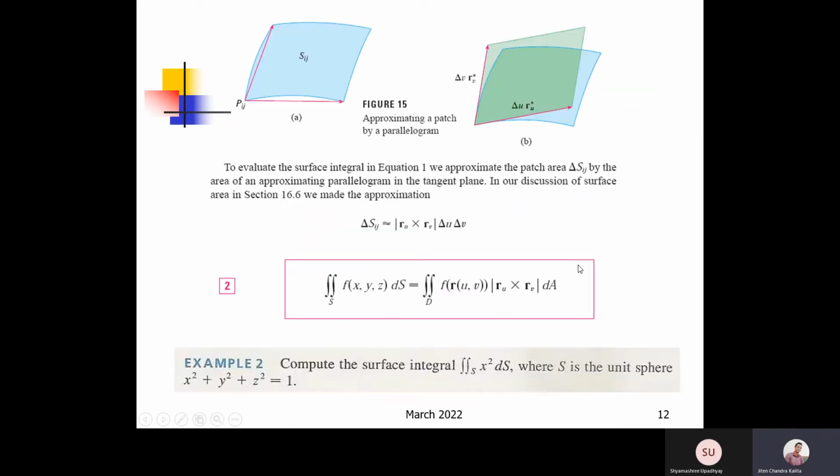Again, you already know that the area of this patch Sij can be approximated as this. This we have already done earlier, right?